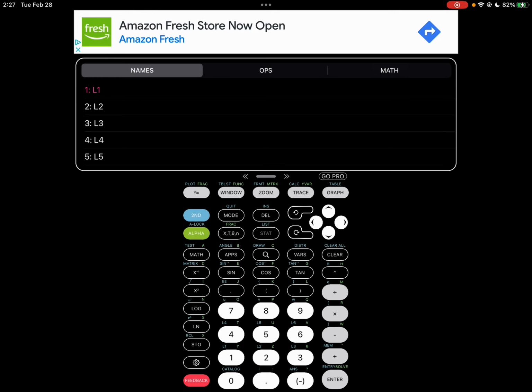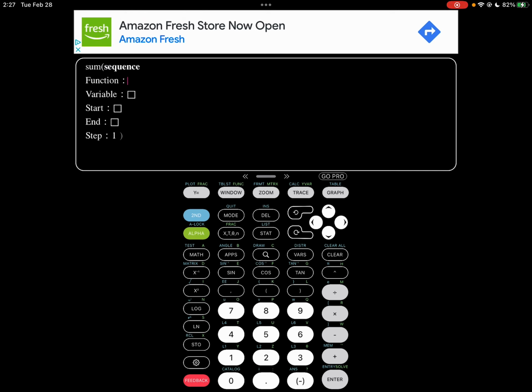Then second stat, scroll to operations, and number 5 is sequence. And then if you have a newer calculator, you'll see this come up. You type in your function here, which is n over 2n plus 1. The variable is going to be n, and you're going to start from 1, and you're going to end at n.